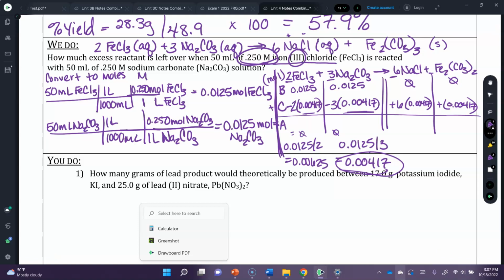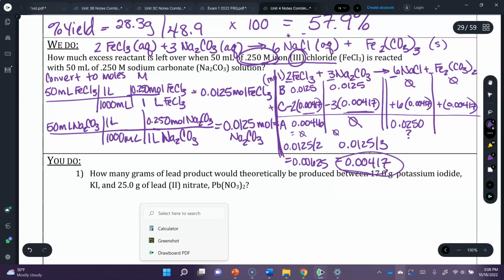Okay. And now I will simplify all of my numbers. I know this one has to go to 0, and then 0.0125 minus 2 times my parentheses number gives me 0.00416. And then coming over to the other side, this is 6 times the 0.00417, which is going to be 0.0250, I think.